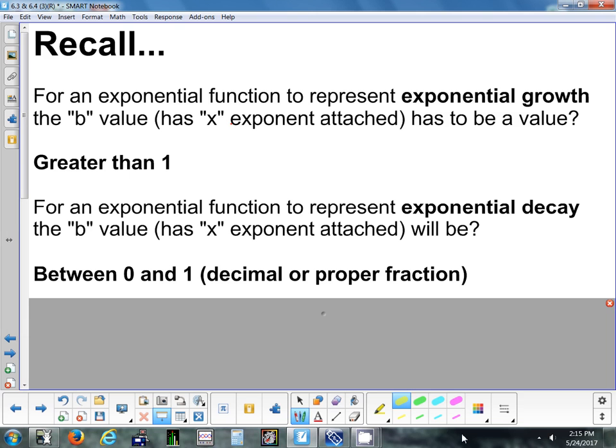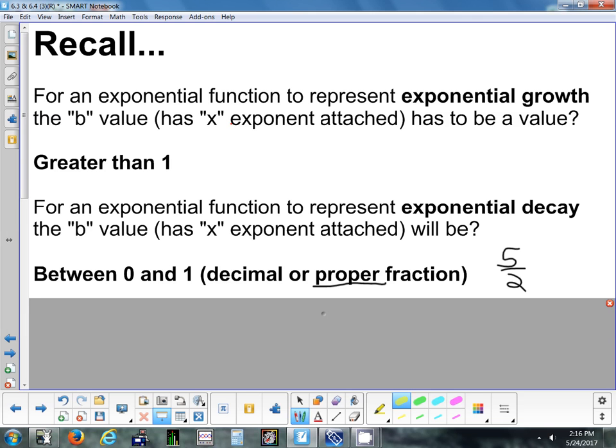Now, Mr. Hager says here, proper fraction. What's an improper fraction? Proper fraction means the number on the top is smaller than the number on the bottom. What about improper fraction? The number on the top would be higher. That could be like 5/2. If I was to simplify that, that number will come out bigger than 1.